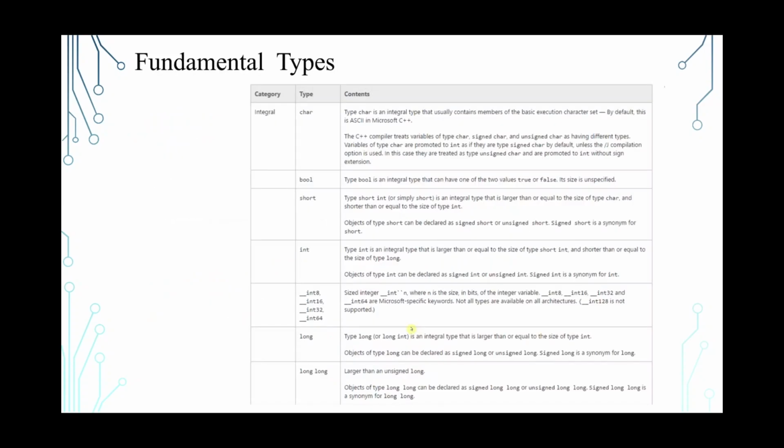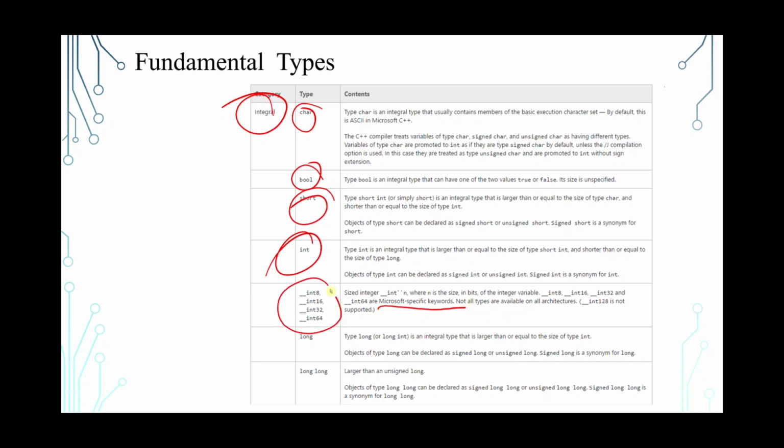Fundamental types could be the integral types: character, boolean, short, integer, or the Microsoft specific keywords like int8, which is basically equal to byte, int16 equal to short, int32 equal to int, and so on. Then long and long long.